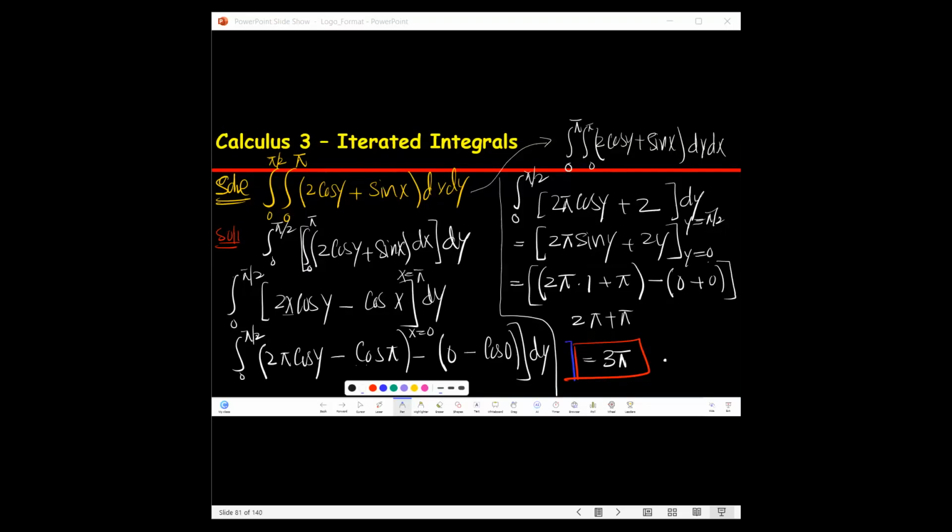If you solve it, the answer should come out as 3 pi. It is not coming, so it looks like we have some mistakes going on, so make sure that we are not making any mistake. Let's do another example of this double integral.